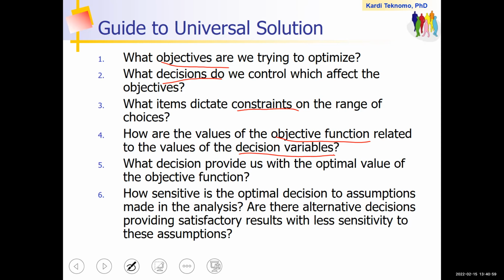Once you get the decision variable values, you put them back into the objective function to get the optimal value. Then you perform sensitivity analysis. What is sensitivity analysis? You change the input a little bit to the right and to the left, because you want a solution that is less sensitive.